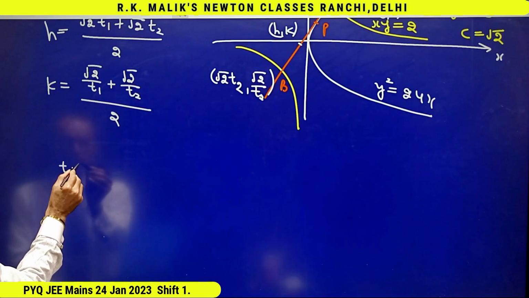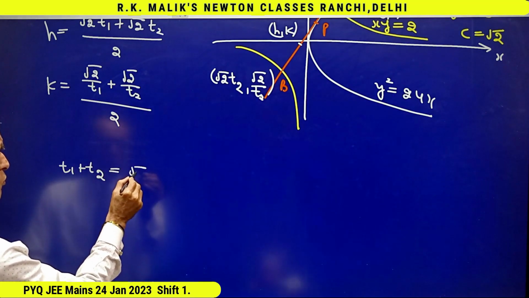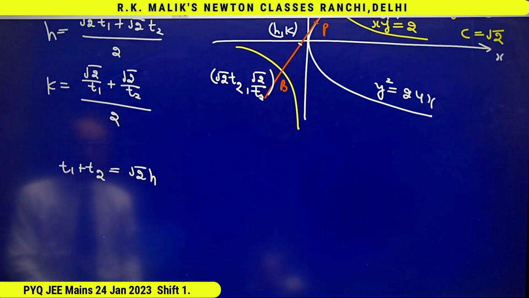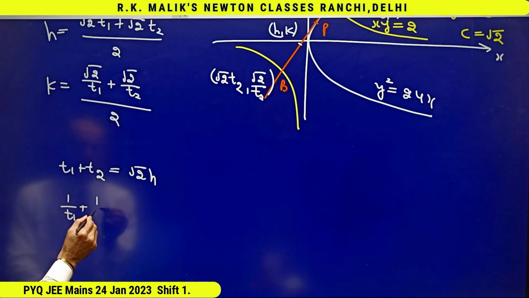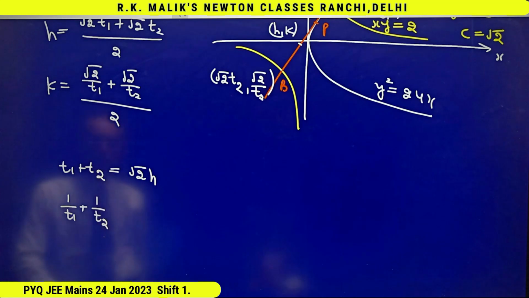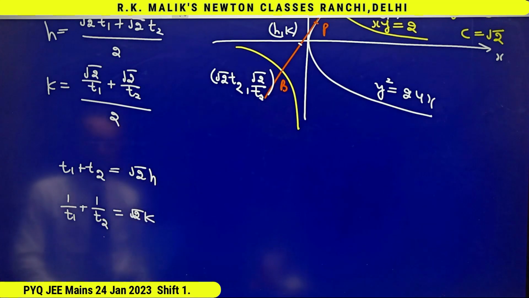That is, I can say t1 plus t2 is equal to root 2 h, and 1 by t1 plus 1 by t2 will be root 2 k.